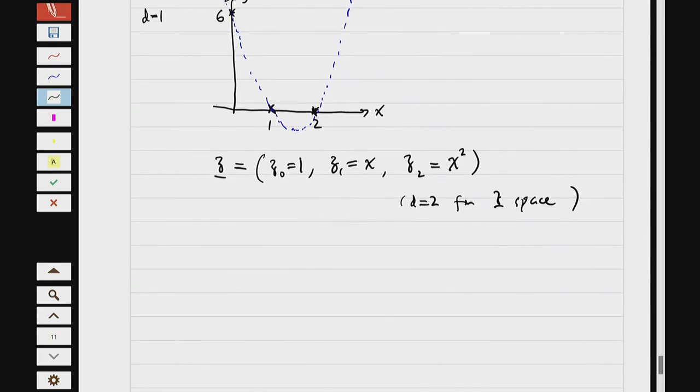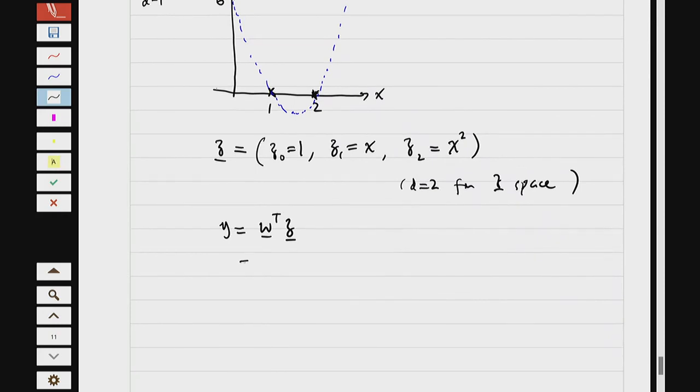So in this case, we try to do linear regression, right? Y is equal to W transpose Z. Of course, now it's W0 plus W1 Z1 plus W2 Z2. But of course, we know that this is also the same as W0 plus W1 x plus W2 times x squared, right?